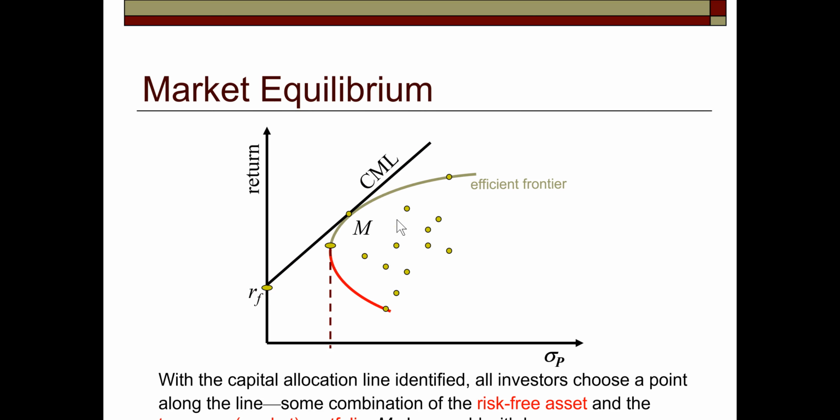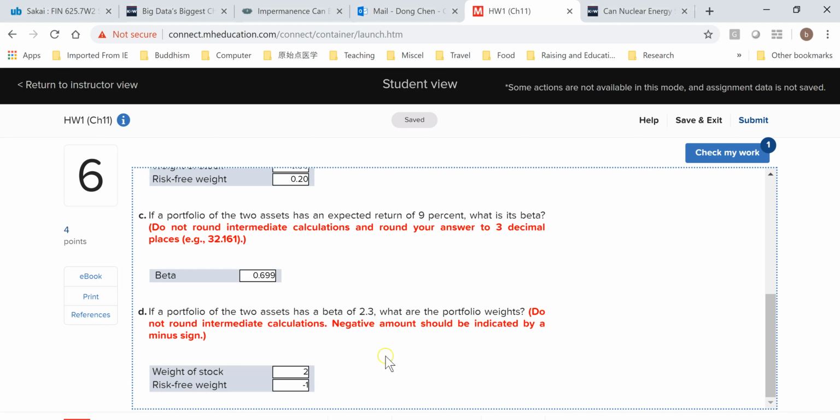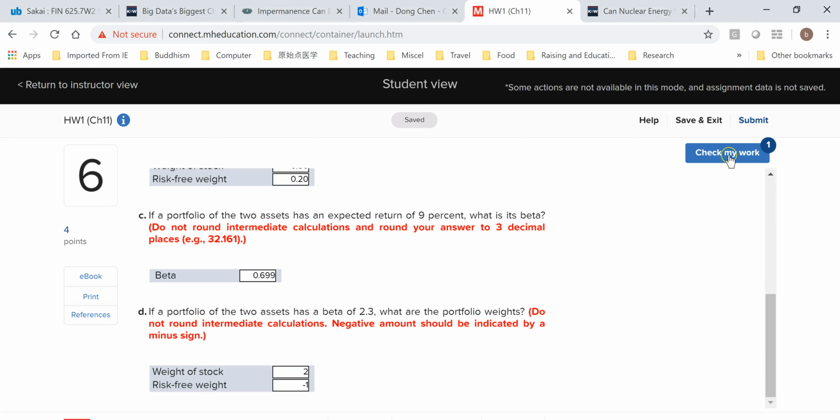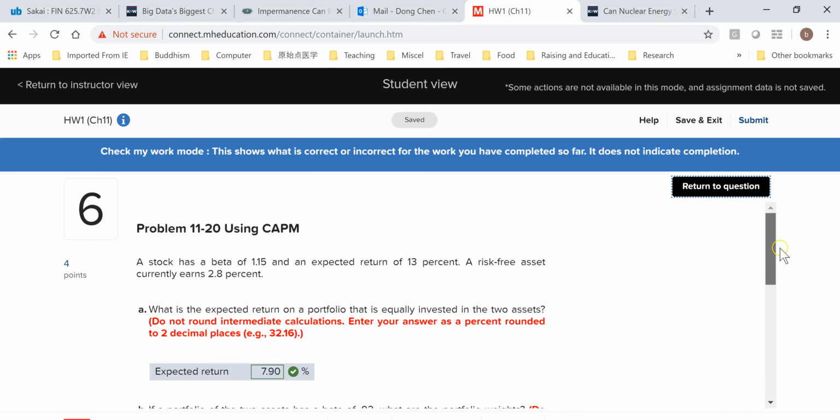Because they borrow. Borrowing means that they are paying money, hence the weight will be a negative number. So that's what happened here. Now let's check whether we got the correct answer. Yes.